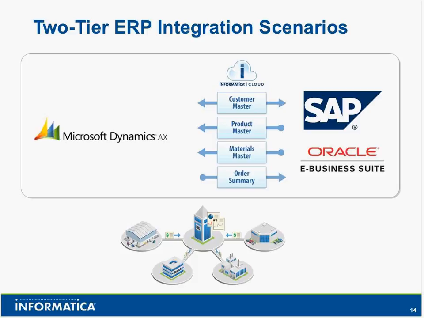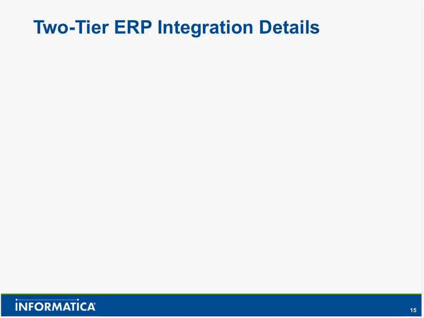Newer cloud-based ERP systems are really taking this two-tier ERP approach. Critical for Informatica is to be able to provide broad connectivity to both what's on the left, the new ERP system, as well as what's on the right, which is traditional legacy SAP or Oracle or other JD Edwards, PeopleSoft. So we have that breadth of connectivity. It's been a key focus and differentiation for Informatica.